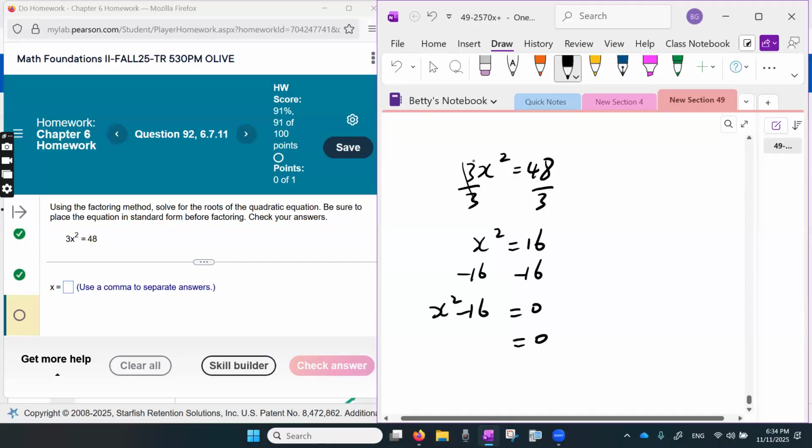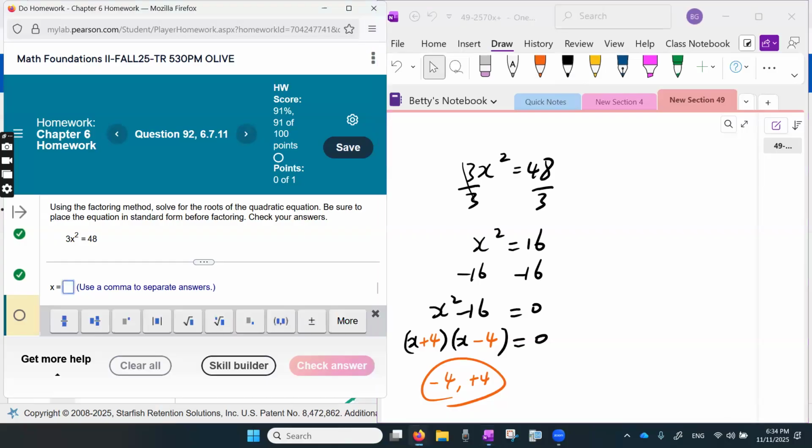Left side is the difference of two squares that we can factor. I hope you remember how to factor. x plus 4, x minus 4, right? x squared minus 4 squared, 16 is 4 squared. And the two numbers have opposites, negative 4, positive 4. So the two solutions are negative 4, positive 4.